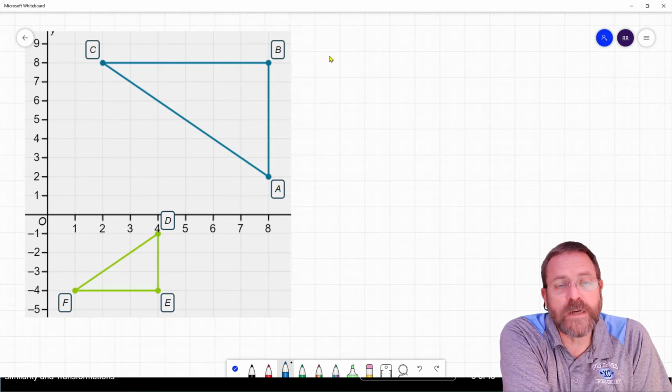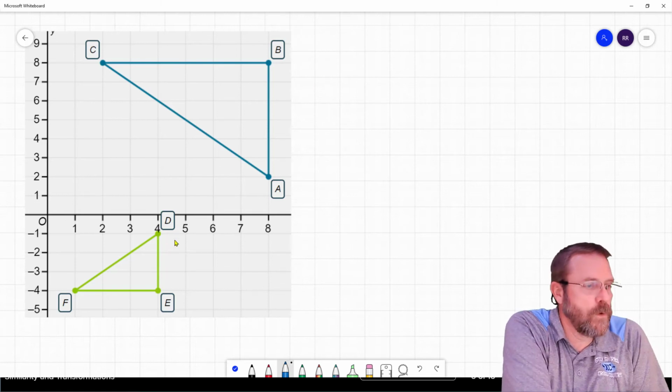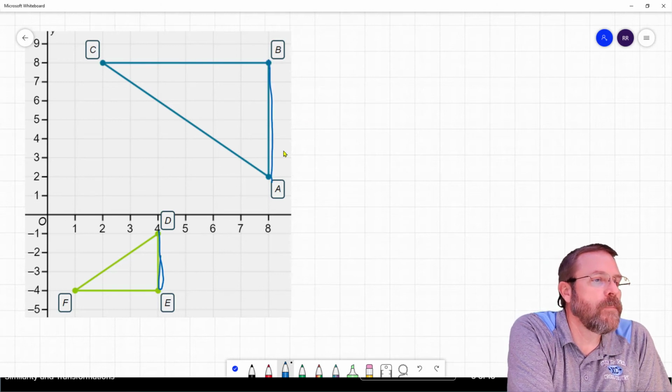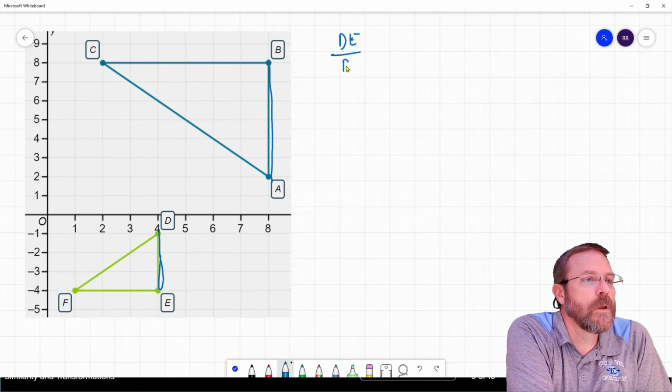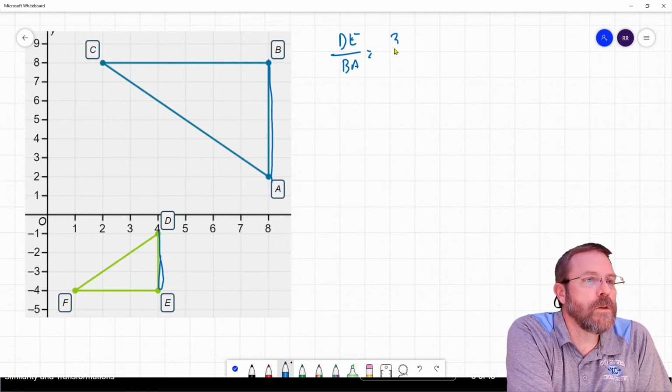One side technically should be enough to get a good start, but we're going to do the 2 sides I know. So we're going to do the new side, DE over BA. So I'm going to do DE compared to BA. DE is going to be 3 units long, while BA is 1, 2, 3, 4, 5, 6.